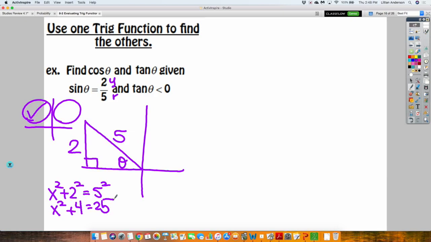To solve this, I subtract. X squared equals what? 21. So to solve this, what do I need to do? Now, this is nothing but an equation. And when you take the square root of both sides in an equation, you have to remember it's what? Plus or minus. And which one am I looking for if I'm trying to represent this side of my triangle? The negative.